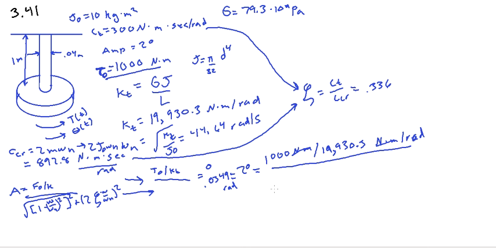Okay, and then this is over the square root of 1 minus omega over omega n squared, plus 2 times your zeta, 0.336, times omega over omega n, all squared.